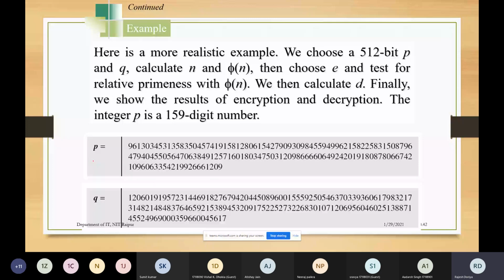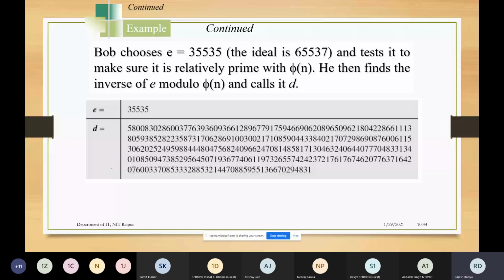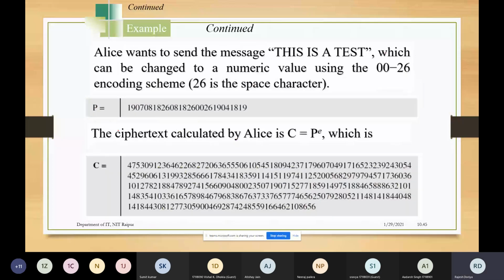Let us say this is P and this is Q. Then this is how their product will look, and the adversary needs to factorize this number in order to get the corresponding key. And this is how phi n will look. The moment P is chosen, its inverse has to be chosen because it is going to serve as the private key. In short, this is how the calculation looks at the backend.